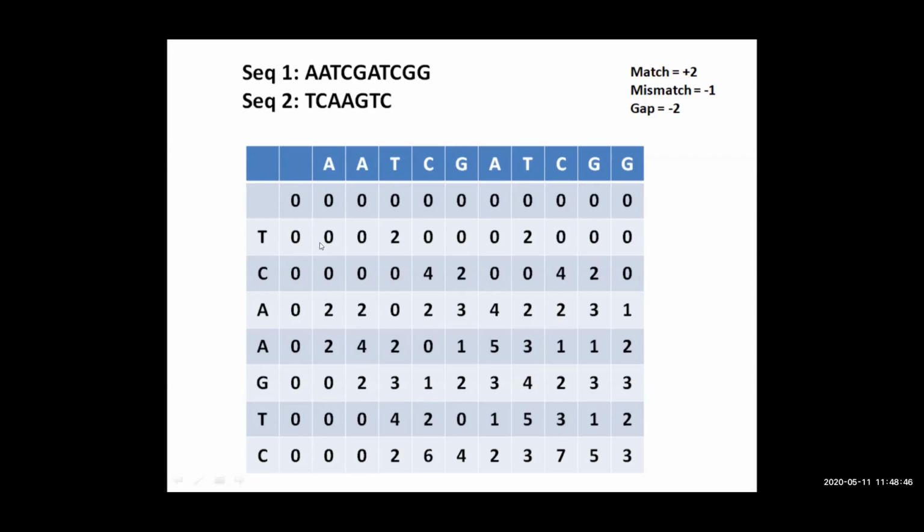So then let us start from here. Now here again, the value can come from the upper cell. If it comes from the upper cell, it will be 0 -2. That means this value plus gap penalty. So 0 -2 is a -2. -2 should be replaced by 0 if we consider that. Then here it is 0 -2, it will be 0.